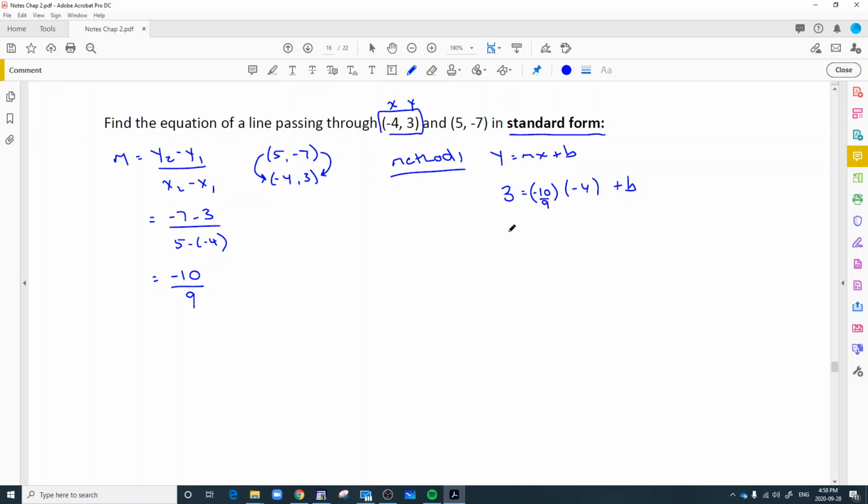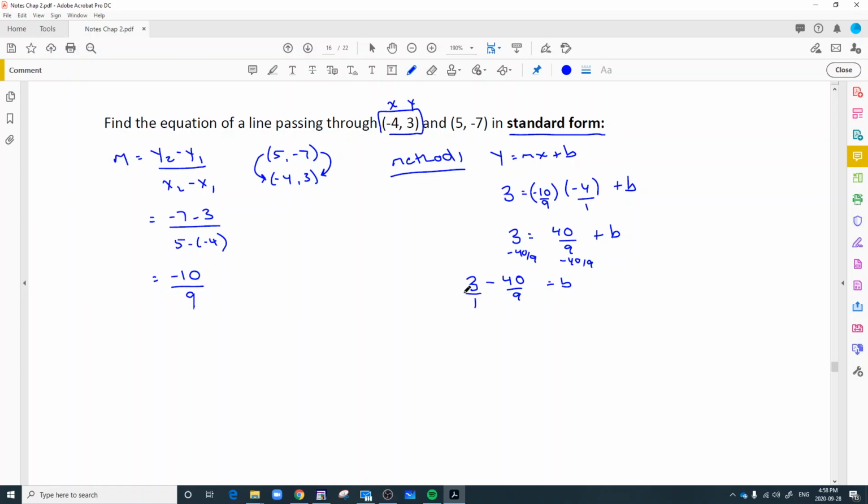Not the nicest number, but that's okay. And then we're going to simplify. So I get 3 equals, this is over 1. So we get -10 times -4 is 40, 9 times 1 is 9. At this point, you can multiply everything by 9 to get rid of the fractions, or you just deal with it. You've got 3 take away 40 over 9, because we're isolating b.